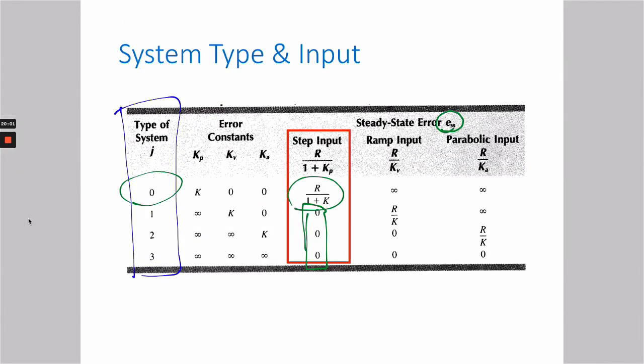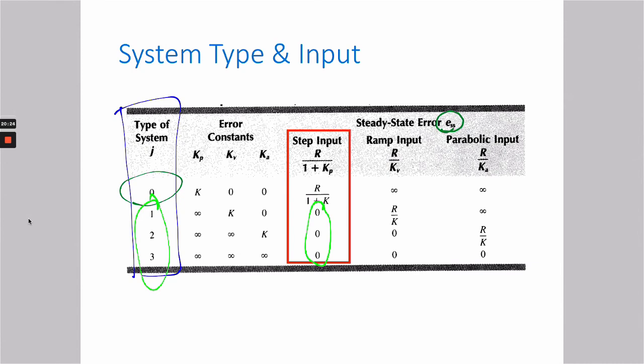That's why, when you refer back to this table, for a system of type 1, 2, 3 and greater, the steady state error is equal to 0.